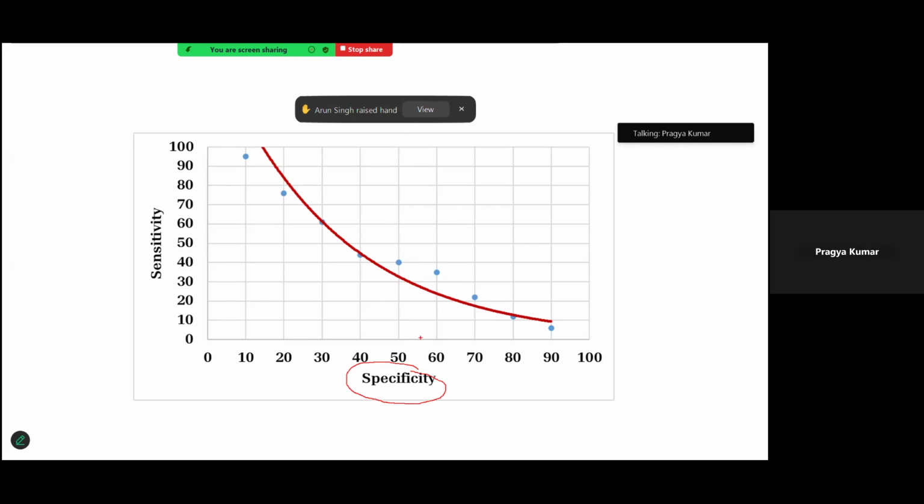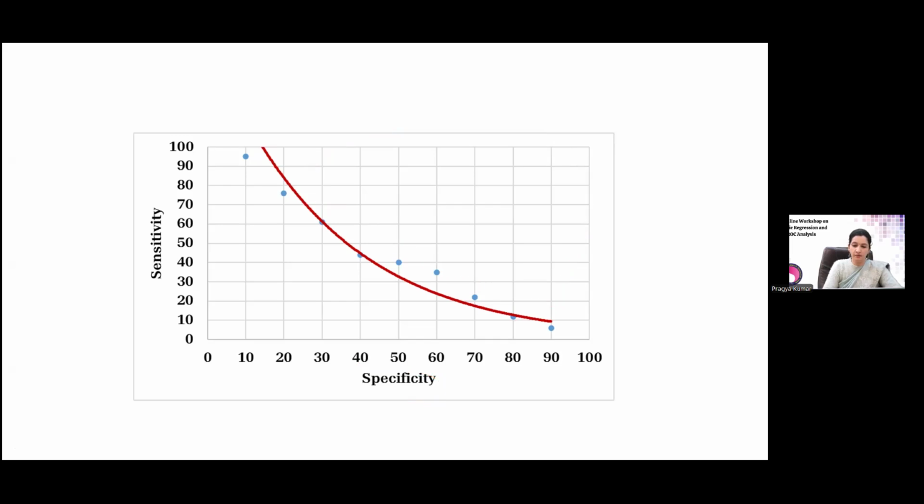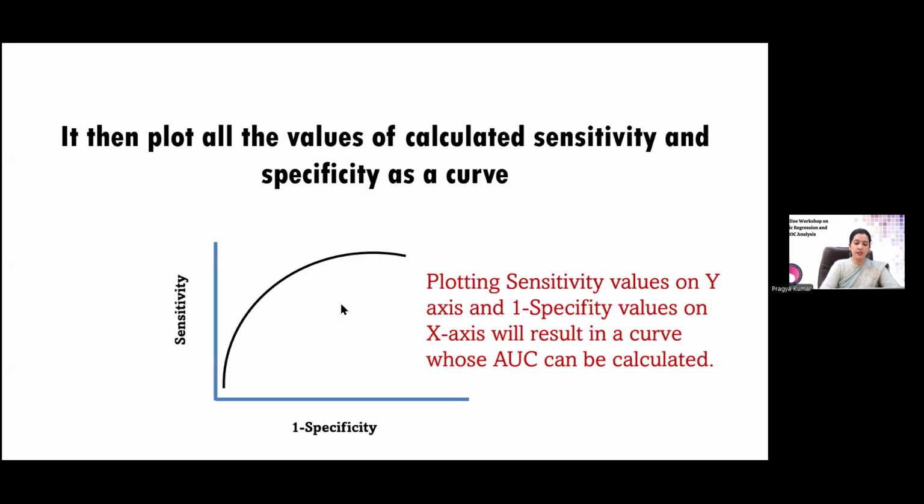So if you draw specificity on the x-axis, your graph will be like this. So the software or you cannot calculate the area under the curve, because the curve is like this and the area under the curve will be something like this. You cannot calculate this. So that's why you need to convert this into 1 minus specificity. So now this area can be calculated.